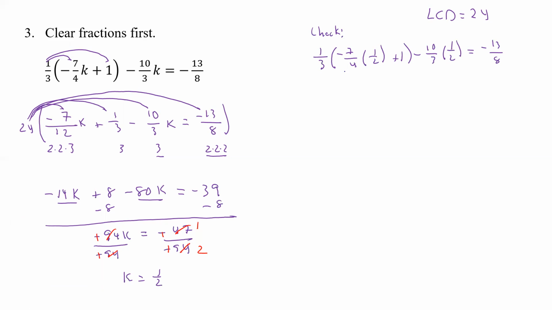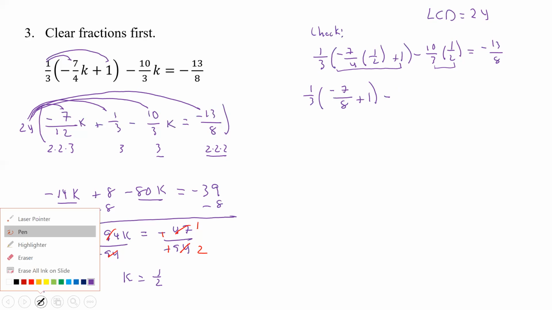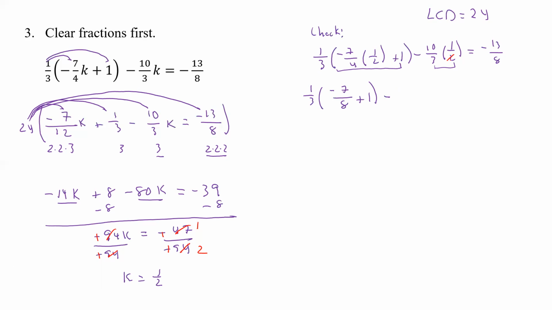All right, so let's simplify. First things first, we have to do what's inside of the parentheses, and we can also do the product here. So we have 1/3 times, now it's going to be negative 7/8 plus 1, and then minus, and here we could reduce some because that'll make things a little easier. Let's go ahead and do that before we forget. 2 will go in here once, 2 will go in here 5 times.